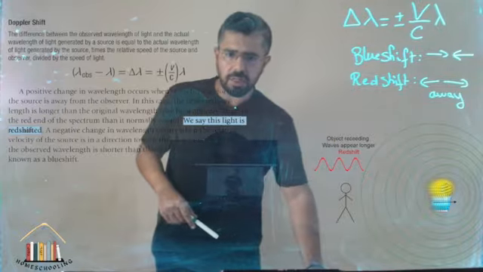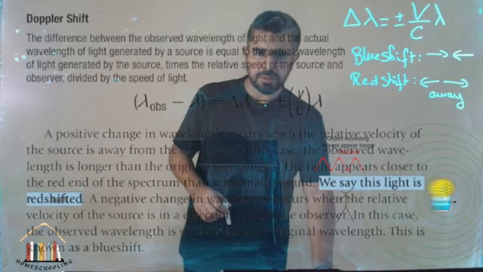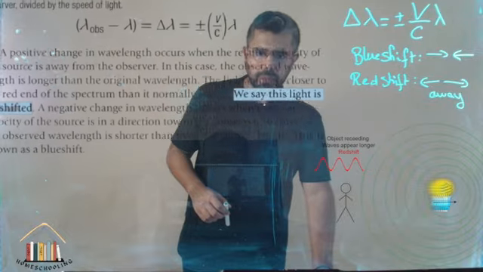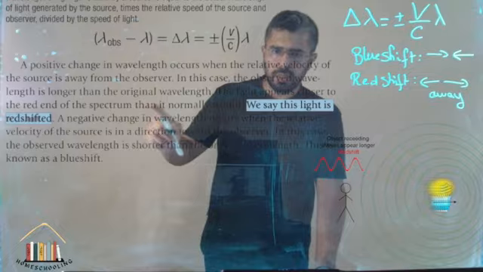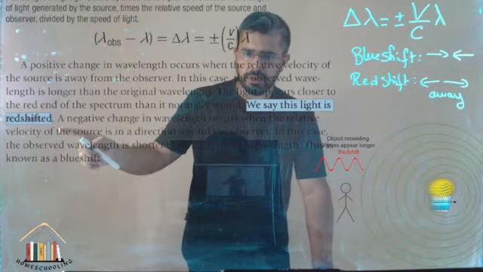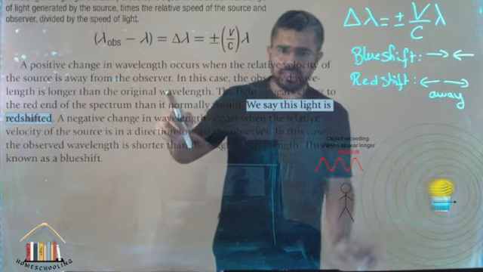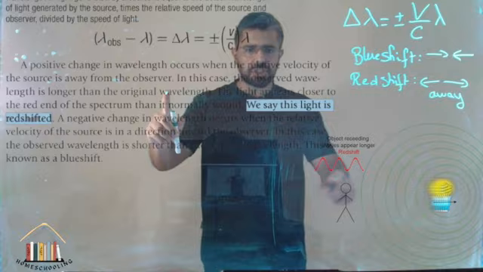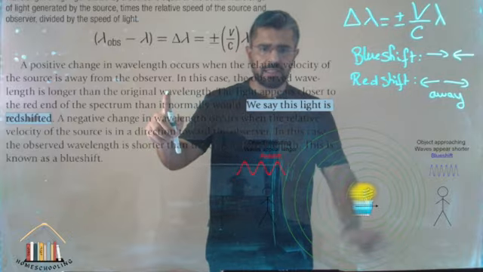So let's read it together here. We say the light is red shifted when the wavelength is longer than the original wavelength. As you see here, in the red shift the wavelengths are larger than the blue one.